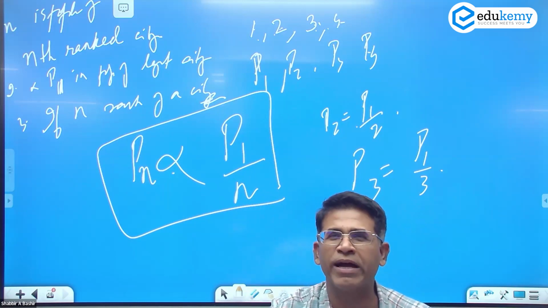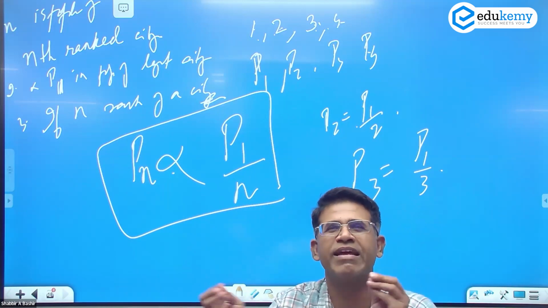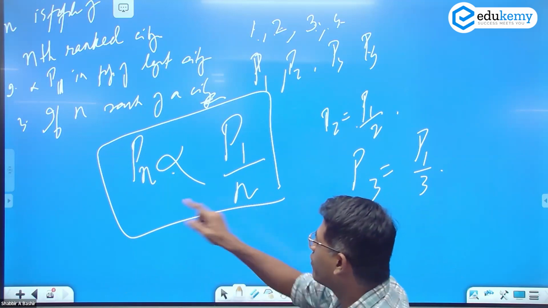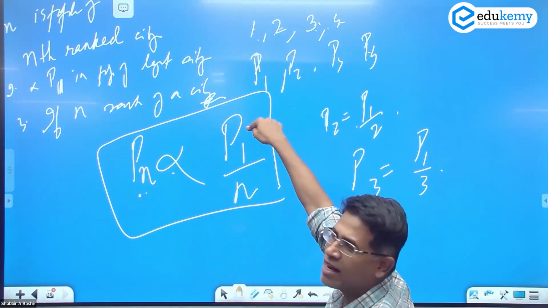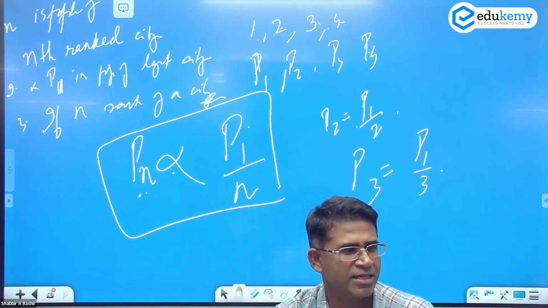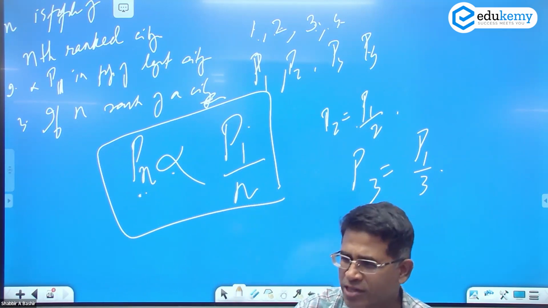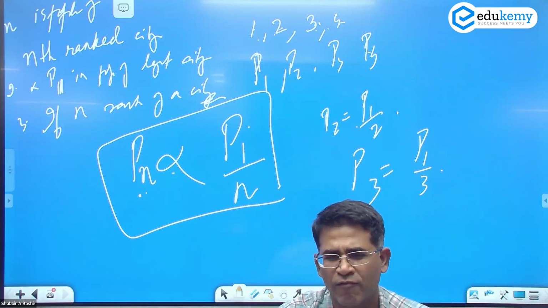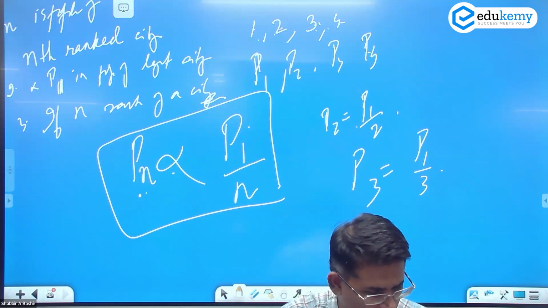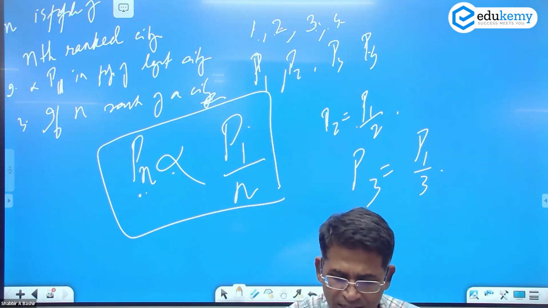Anyway, you won't be able to do it. So we just accept it and write it. That's all. The relationship of the smaller towns and villages in comparison with the largest one. This implies the second largest city will have a population proportional to half of the largest city, and the third largest city will have a population proportional to 1/3 of the largest city. This is what it means.